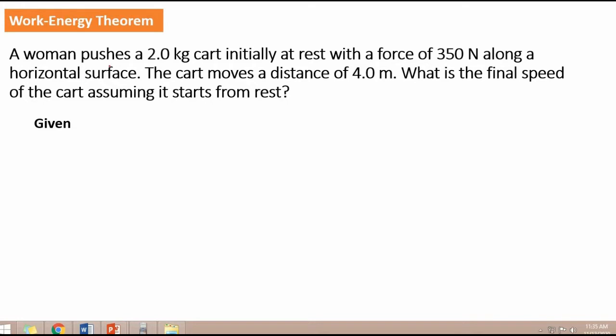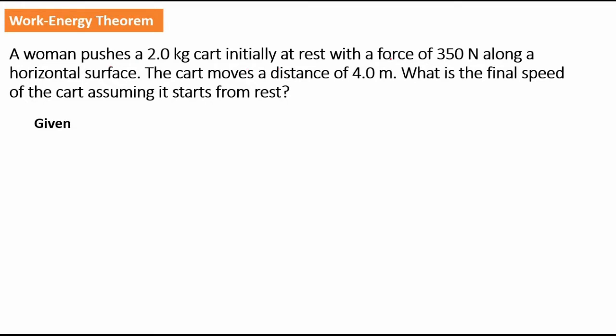A woman pushes a 2 kilogram cart initially at rest with a force of 350 Newton along a horizontal surface. The cart moves a distance of 4.0 meters. What is the final speed of the cart, assuming it starts from rest? So again, we have the given. We have the mass, it's coming from here.